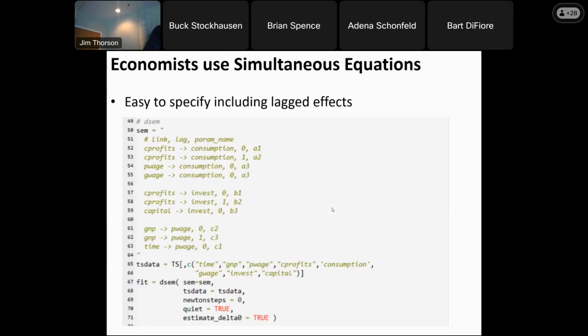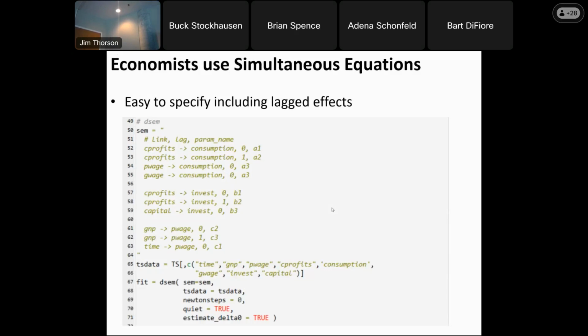Yeah, and so in DSEM, it's fairly straightforward to specify this. You just have your set of path coefficients written out as a text file, and one-headed arrows mean something causes something, and then you specify a lag. So here, corporate profits drives consumption simultaneously, and then there's also a separate lag.